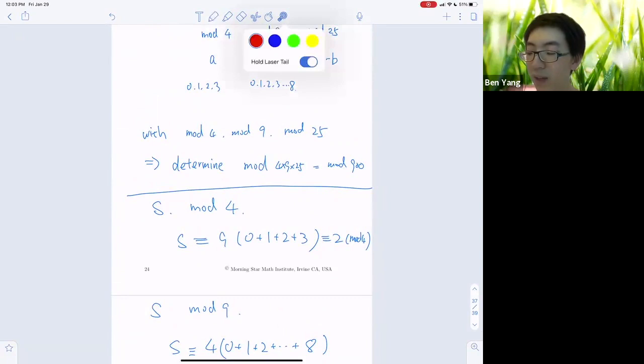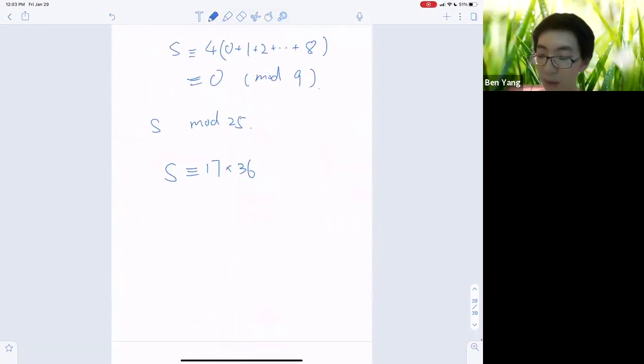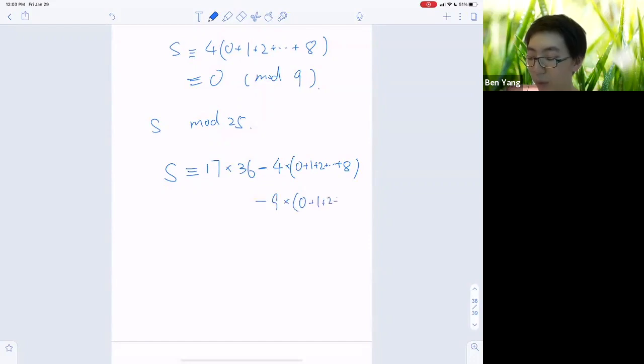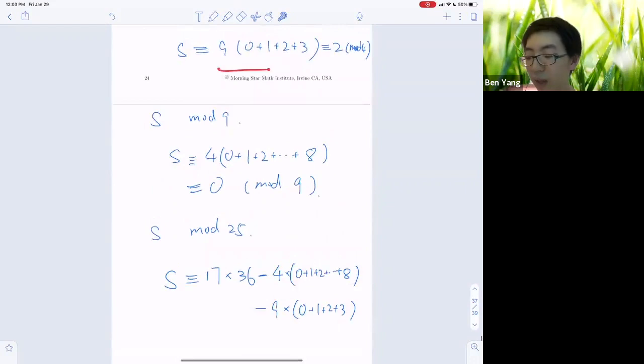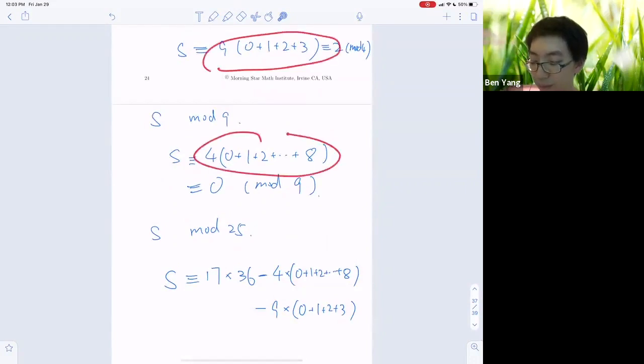Then we have minus A minus B, and when we take the sum, that's going to be 4 times 0 plus 1 plus 2 plus dot dot dot all the way through 8, and then minus 9 times 0 plus 1 plus 2 plus 3. Just the same as the previous 2 cases.